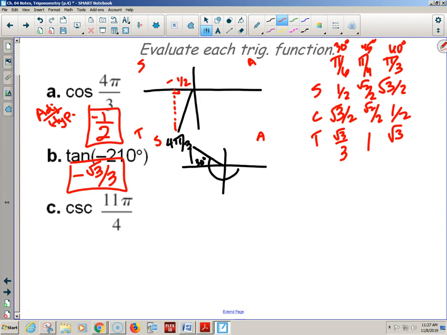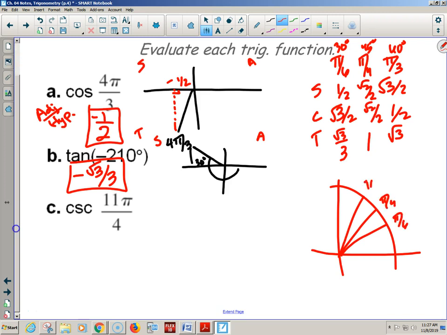I know one quadrant of the unit circle, and I use it for all the rest, thinking of reference angles, basically. I know my pi over 6, I know my pi over 4. I think of it like over a lot, up a little, over middle, up middle, over a little, up a lot.